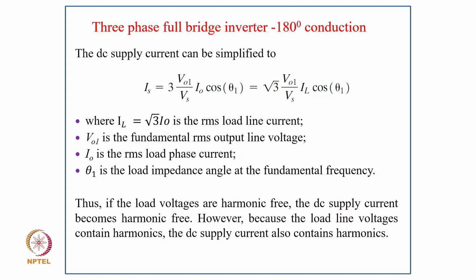I0 is the RMS phase current and theta 1 is the load impedance angle at the fundamental frequency. So if the load voltage and load current are harmonic free, the DC supply current becomes harmonic free. However, because the load line voltage contains harmonics, the DC supply current also contains harmonics.